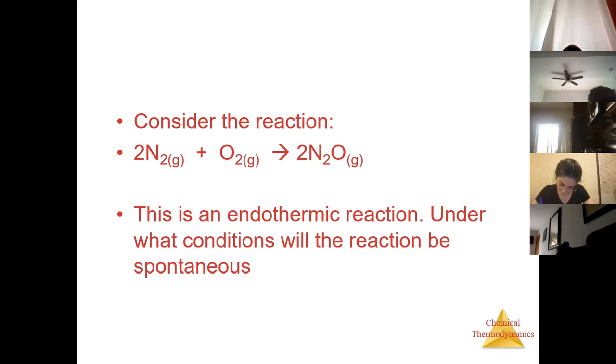You have more kids in the house party. Which do you have less control over, 2 kids or 64? So positive delta S? I have more kids on the left going to less kids. Remember, it's always products minus reactants. So negative. I have a negative delta S.